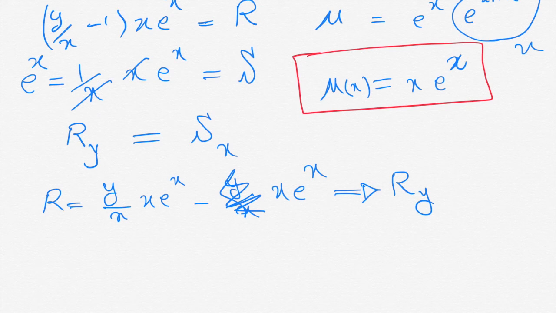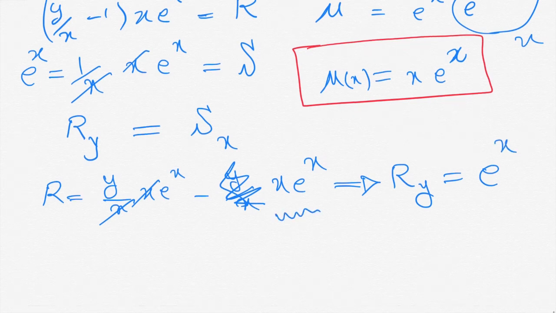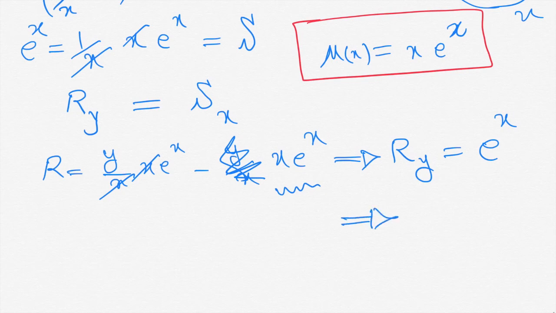Therefore the derivative of r with respect to y will be, this is going to be omitted, e to the power x, and we can forget about the other part because there is no y.